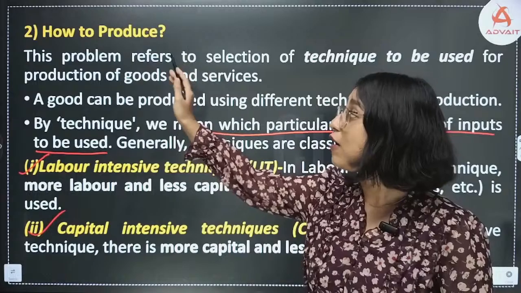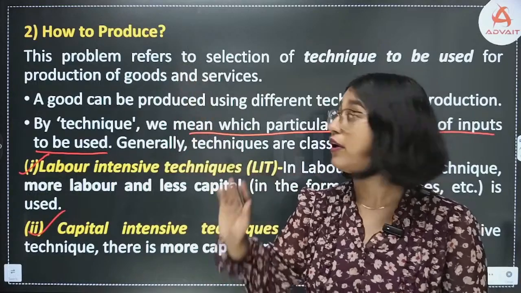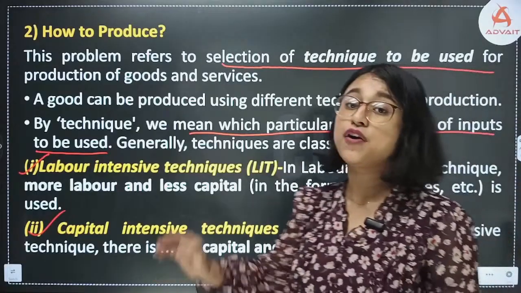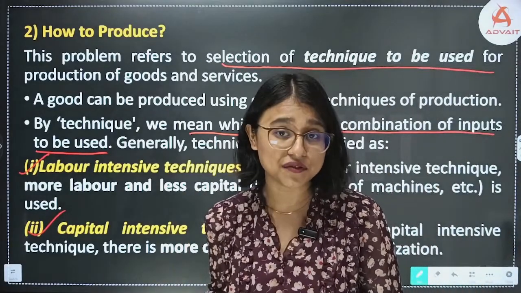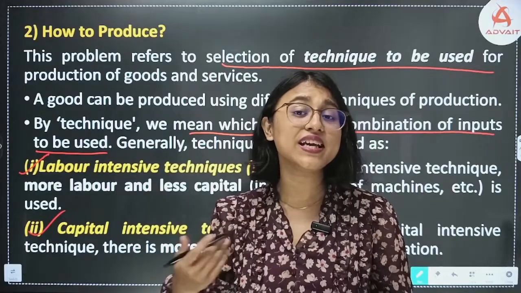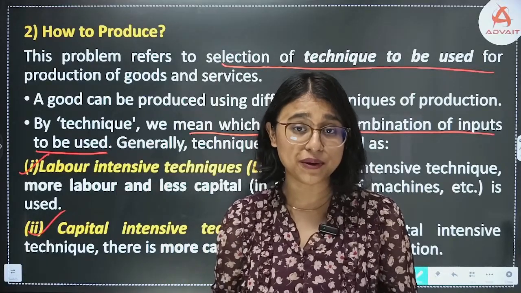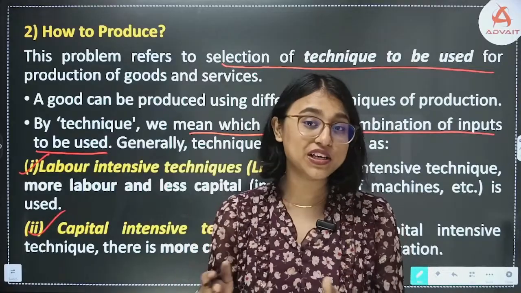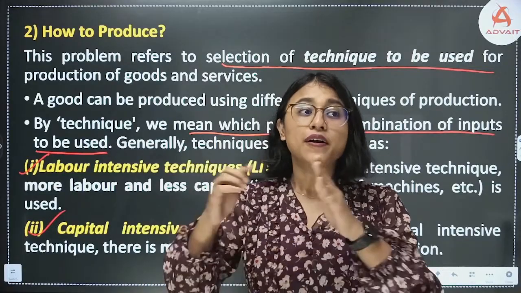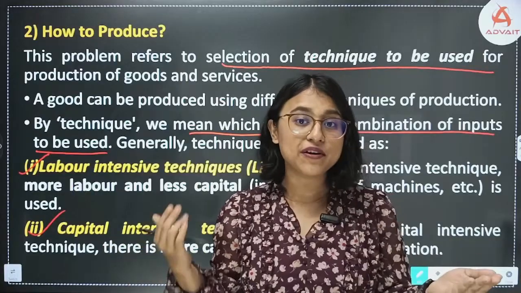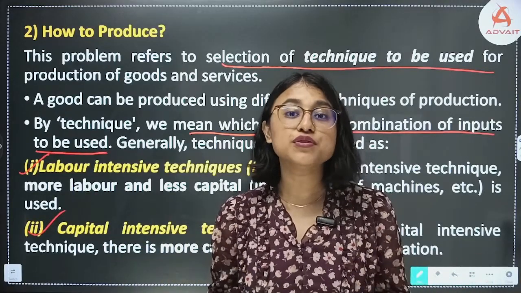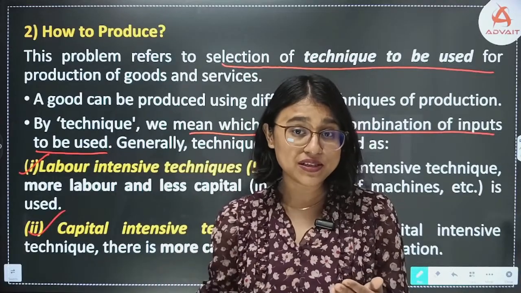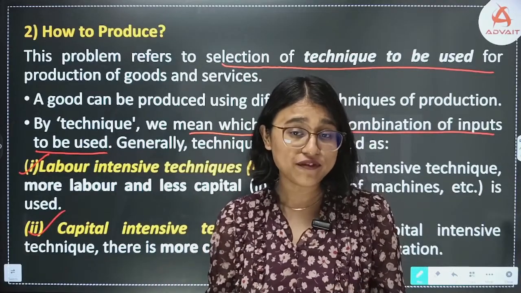So how to produce, juntu problem hoy, it refers to selection of techniques to be used for production of goods and services. আমি goods and services কি technique use কৰি produce কৰিম. And by technique, it means combination of inputs. By combination of input, it means there are two types of input, labor and capital, which will be used more in the production. If we use more labor, less capital, it will be labor intensive production process.